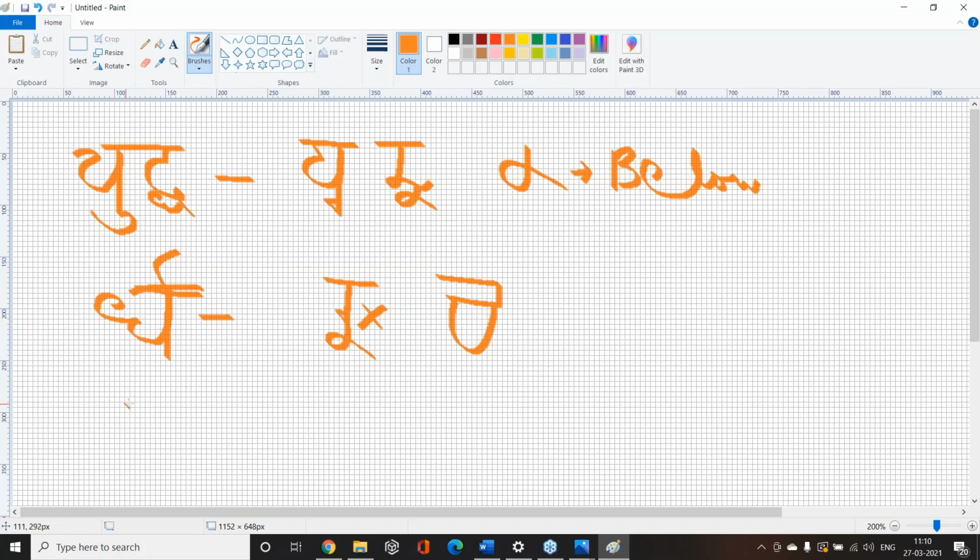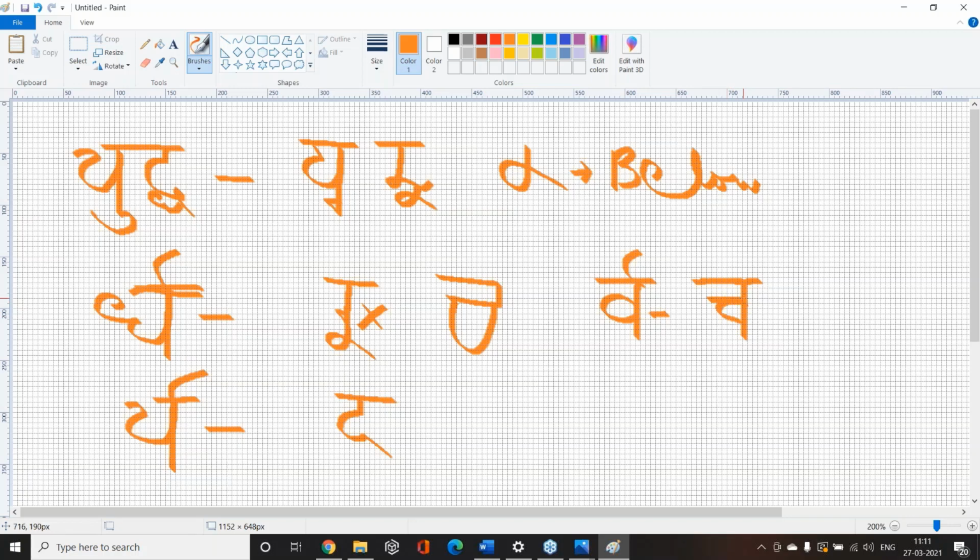And here also, so these are the formations that you will have to remember. Here also would be written like this. Now the other one belonging to this category is V, which also would follow a special rule and would be written like this.